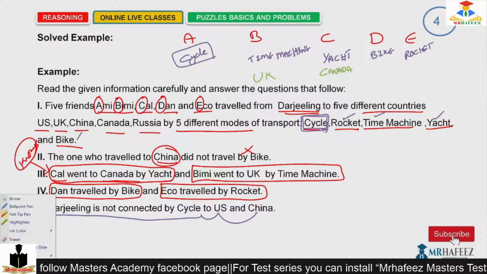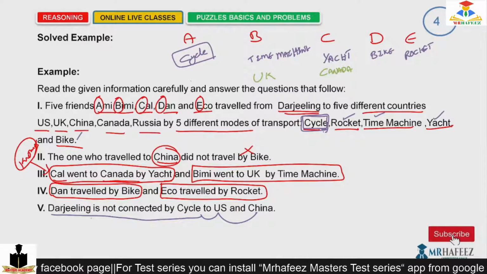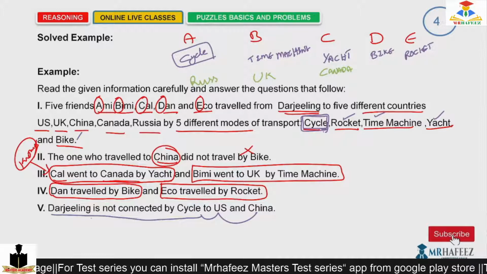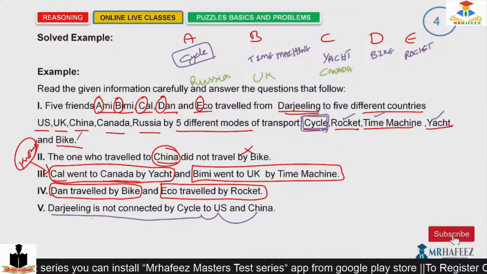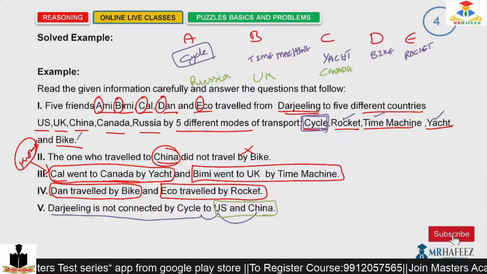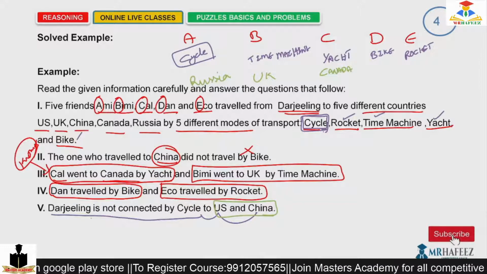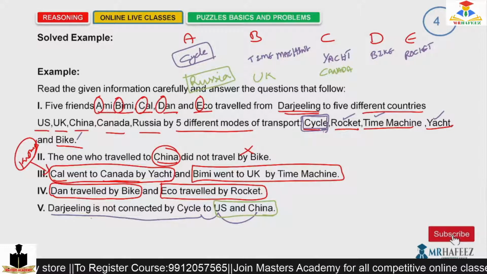Yes or no? If you agree, type A in the comment box. Other than UK, Canada, US and China, what is the leftover? The leftover is only Russia. So I decided. I have taken a decision.